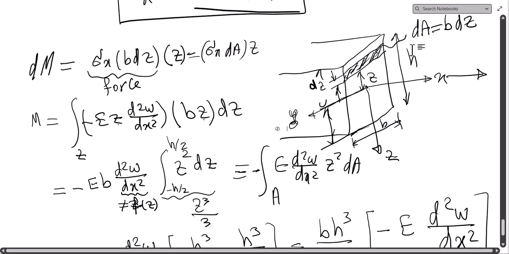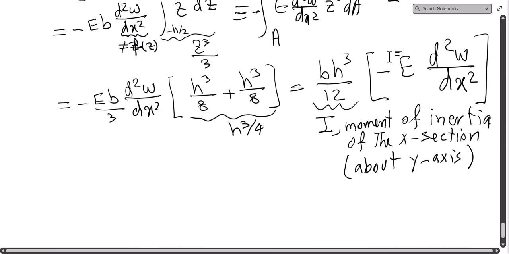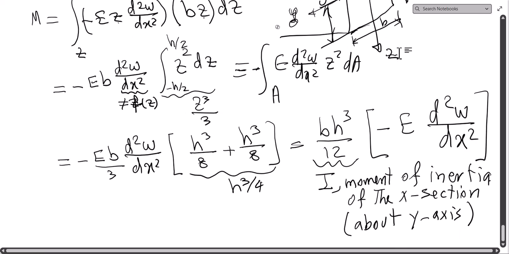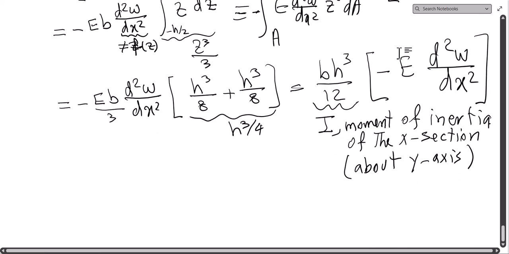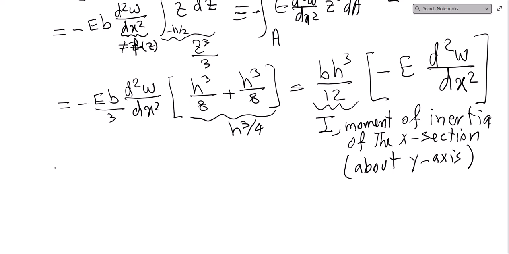Okay, so what I have shown here is a very typical strength of materials calculation. I just wanted to do it here for completeness of the video. Therefore, I get M is equal to I, generalized I, times minus E d2w/dx2.